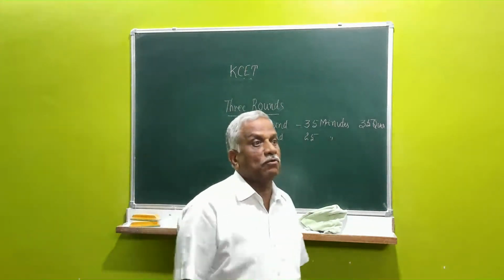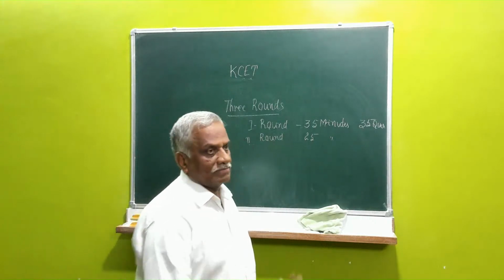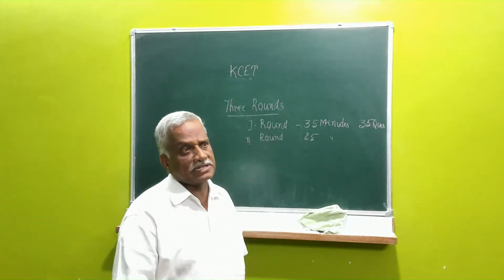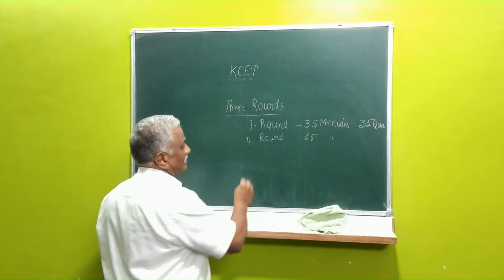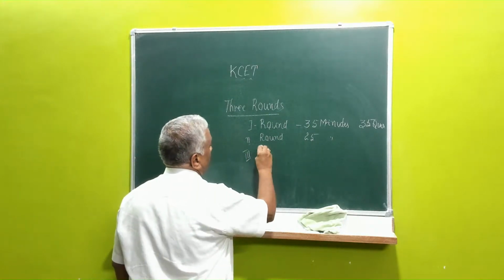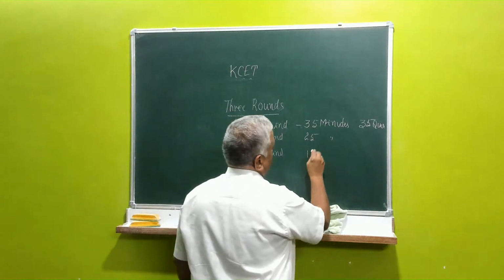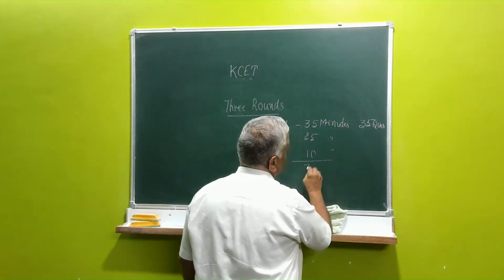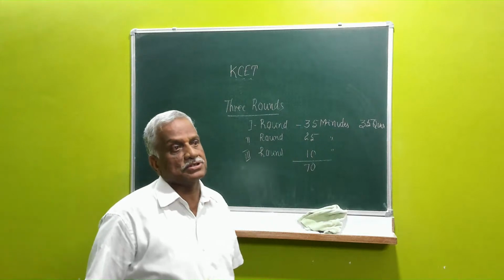You can complete whatever. I don't want to put that number. Maybe 10, maybe 15, depends on your competitive ability. The third round, 5 minutes. You have about 70 minutes. So this is my suggestion.